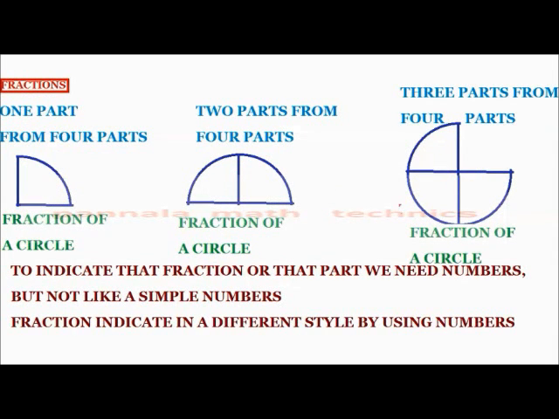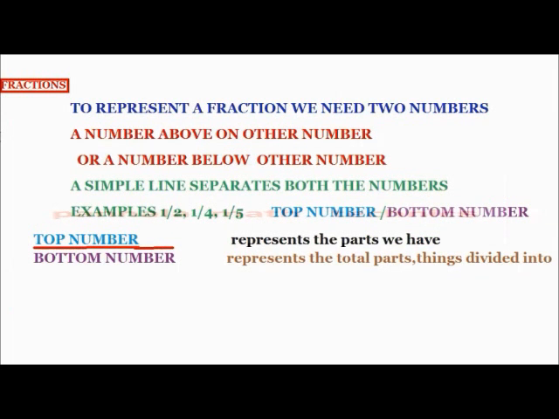To indicate that fraction or that part, we need numbers, but not like simple numbers. Fractions are indicated in a different style by using numbers. To represent a fraction, we need two numbers, a number above another number, or a number below the other number.